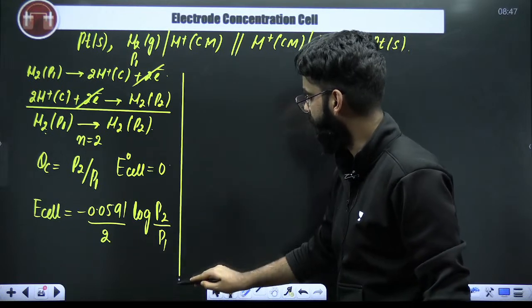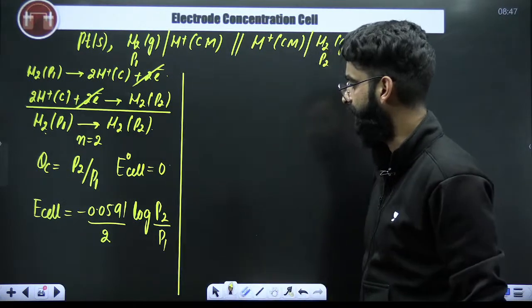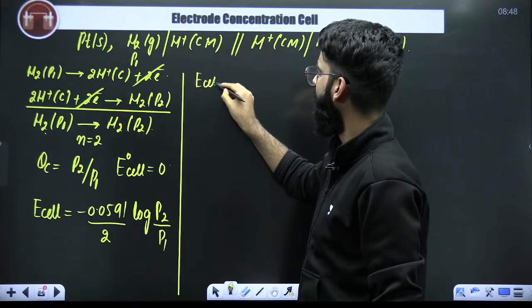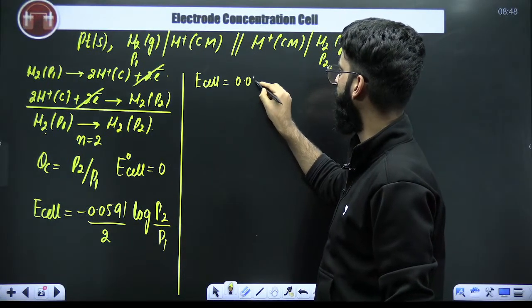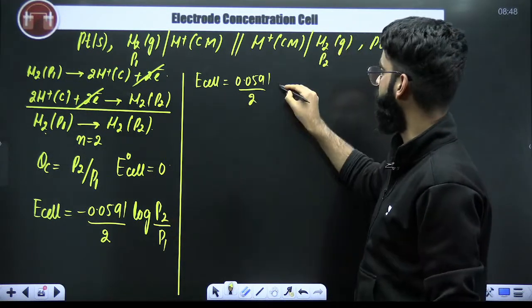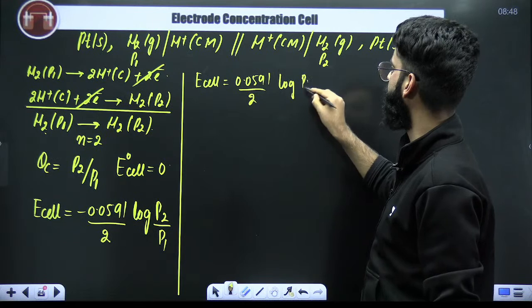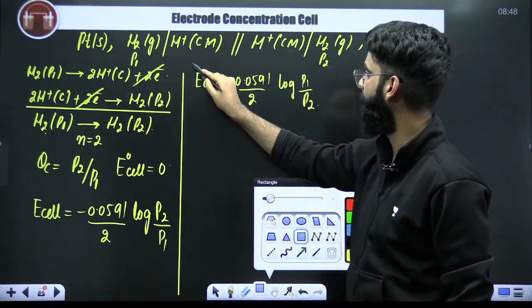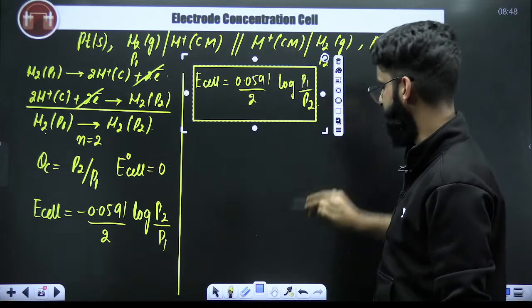Now tell me one simple thing. If I multiply this minus with this log, what I'll be getting exactly? I'll be getting E cell is equal to 0.0591 divided by 2, log of P1 divided by P2, right? So this is the result which I got for E cell.